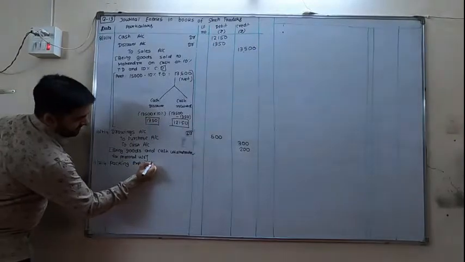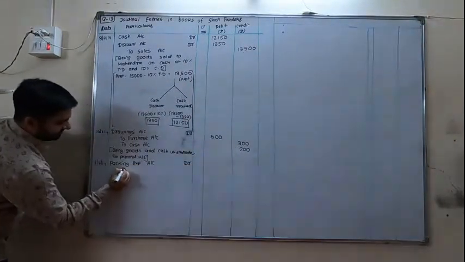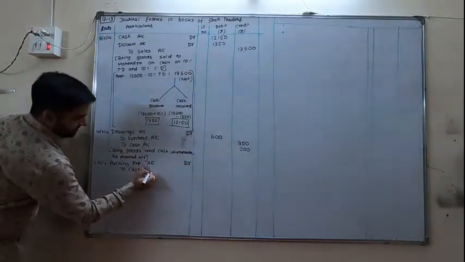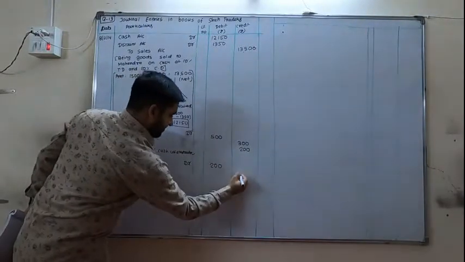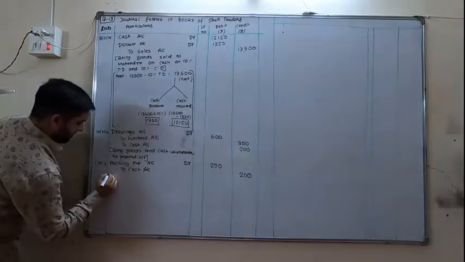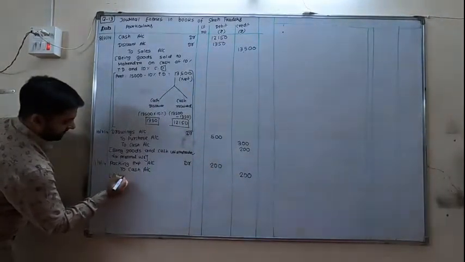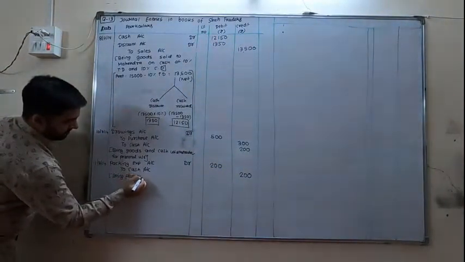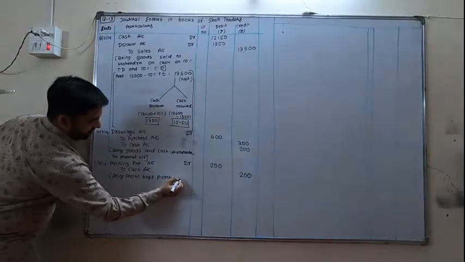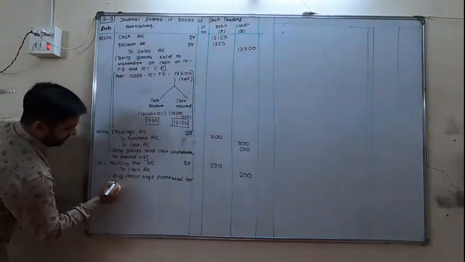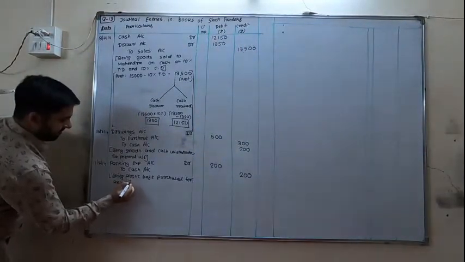Packing expense account debit to cash account, amount 200. Being plastic bags purchased for packing.